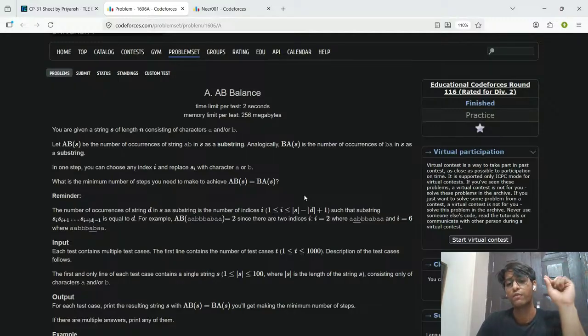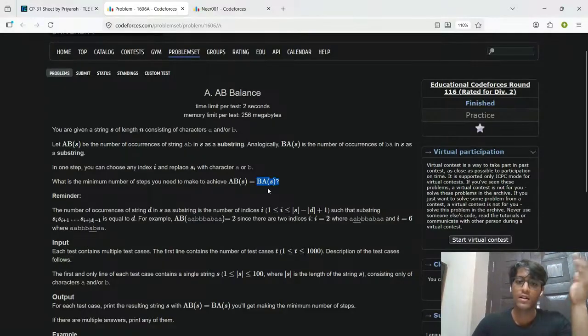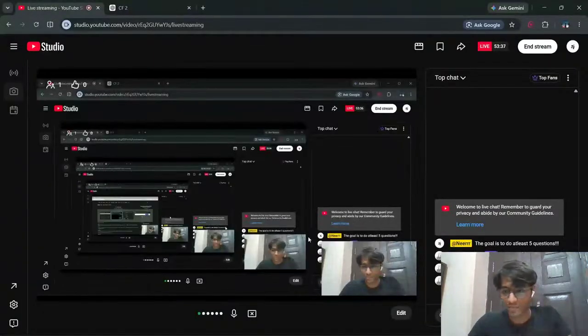Why? Because the first occurrence will go to AB, then BA, AB, BA. So that's the case. And if B is the first character in S, then BA will be greater, provided that the last character is A and not B itself. So then we just have to change and make the last two characters equal so that this condition still holds true.